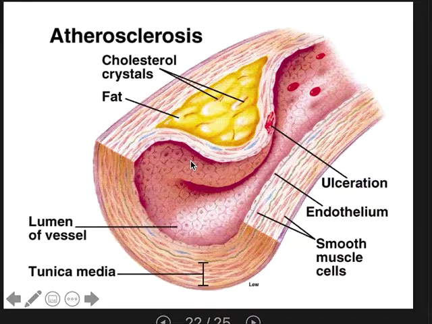HDL also can be genetic, so not everyone has sufficient amounts, but we've also seen that good regular exercise promotes more HDL. So guys, if you haven't gotten it by now, exercise is so important. It helps promote so many functions in our body and really does help us to stay healthy.